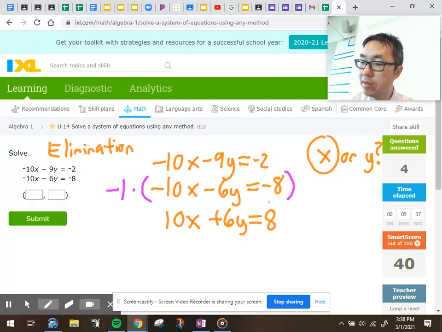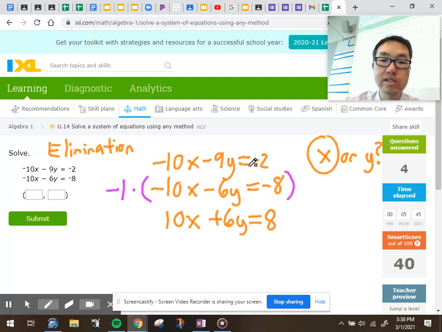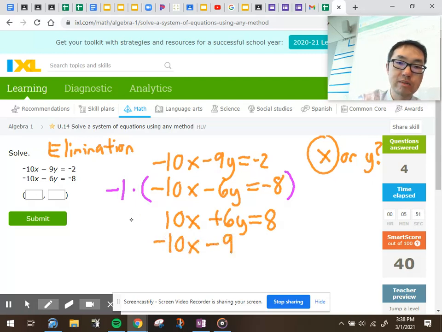All right, so that's about the 5-minute mark. When I have this positive, now I can take this first equation, so I'm going to bring the first equation back. Negative 10x minus 9y equals negative 2. And now I'm going to add the equations together.